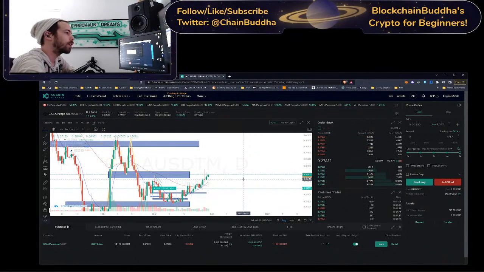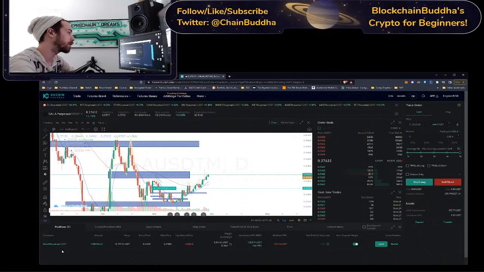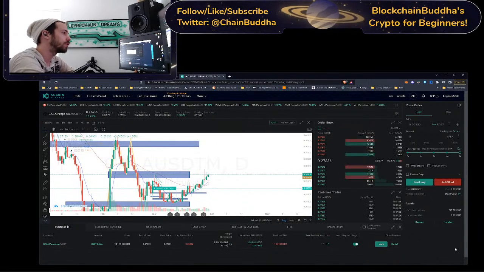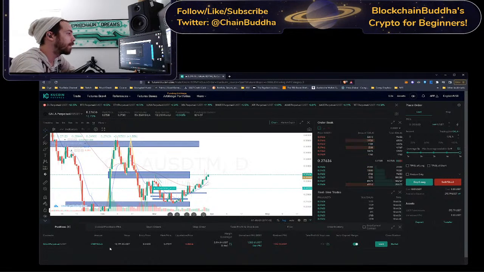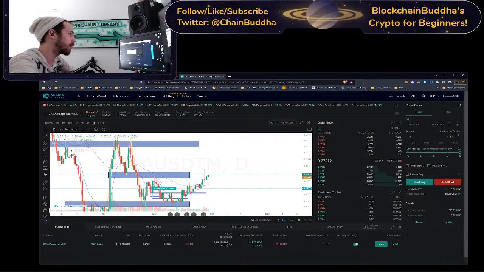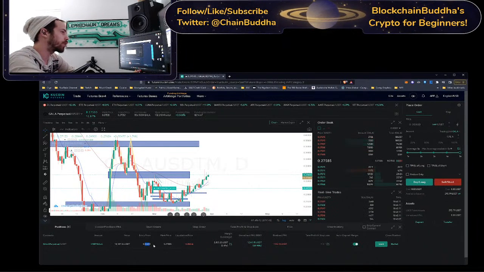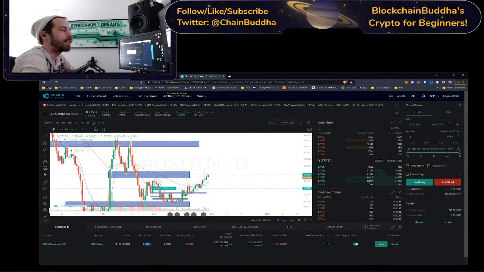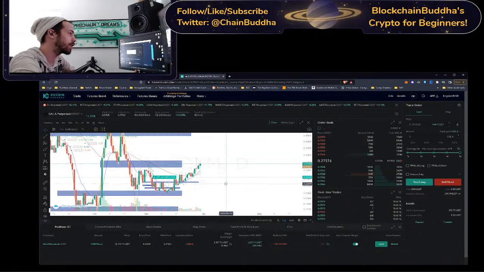A good way to explain that is if you see my current trade down at the bottom here, I entered into Gala. Don't worry about the amount here, but I entered into Gala with some money, and my entry price, you can see, is 0.24333. That is the price I entered into the trade.